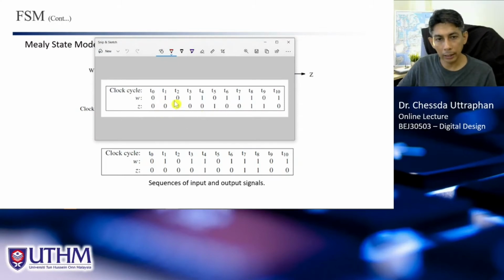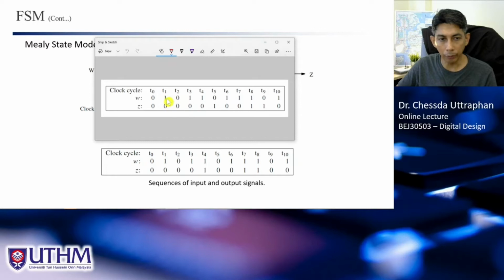So we can see that if we have the sequence like this, this is the measurement interval. At T1, the speed is exceeding the speed limit, but after that the speed is going down, so the output is 0.